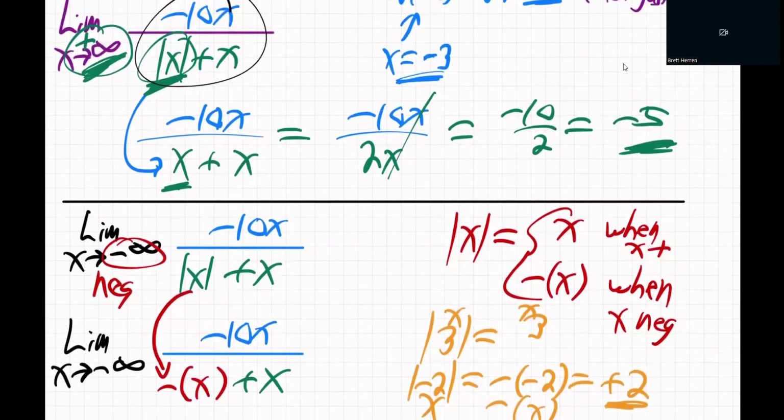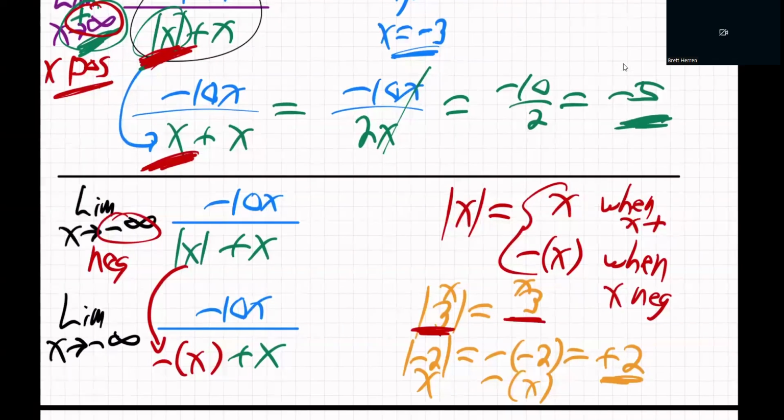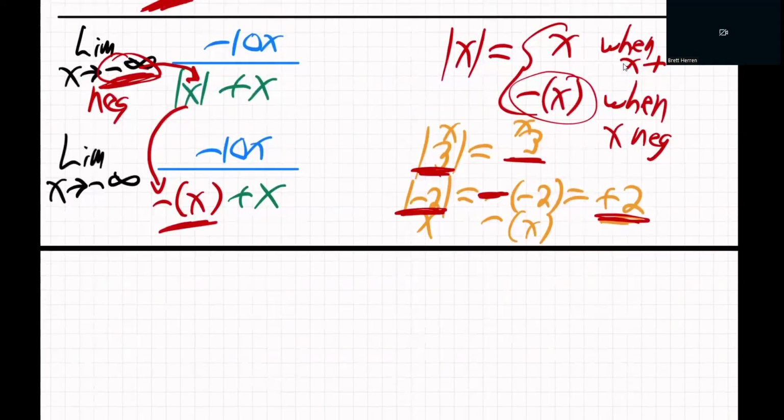Up here, the absolute value of x just became regular x because x was positive. We're going to positive infinity. So then the absolute value of x just leaves it alone, right? If you have a positive number in absolute value, it just leaves it alone. But here we have a negative number we're going to plug into the absolute value for x. When you have a negative number inside absolute value, what does it do? It puts another negative in front, making it positive. It's negative of the number you have in there. So it's this. Okay.